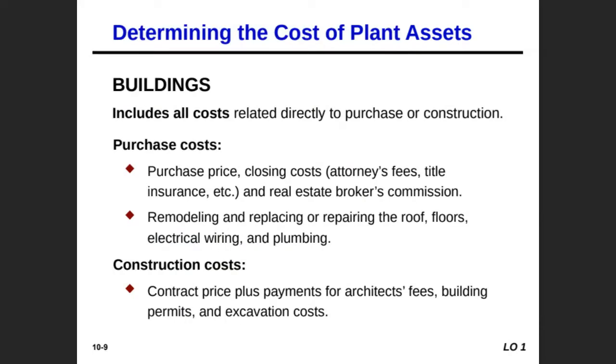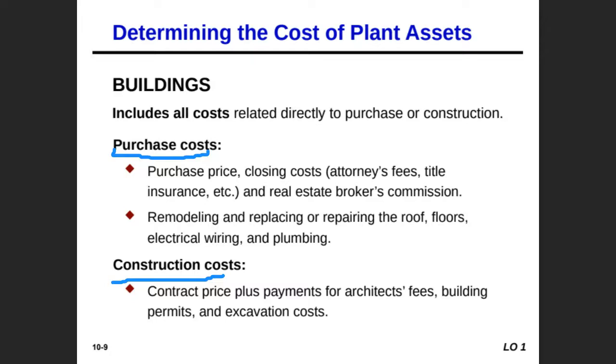Building: all costs which are necessary to purchase the building. For example, you may either purchase a building or you construct a building. If you purchase a building, you have to put all the costs. What are the costs?